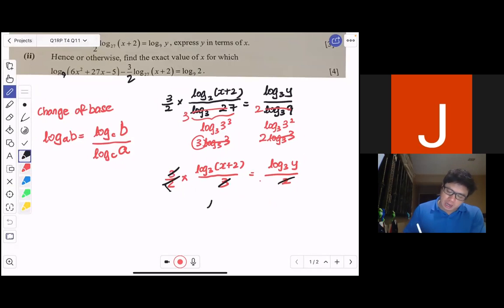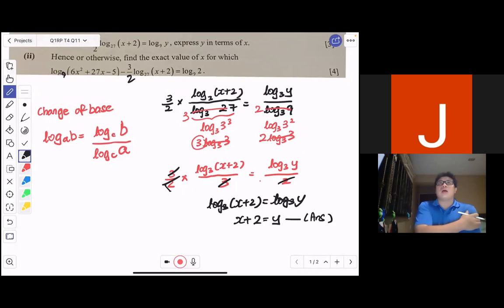You see that I have log base 3 of (x plus 2) equals log base 3 of y. What does this give me? It just gives me x plus 2 equals y, because I just compare both the terms. If I cancel the log, I have x plus 2 equals y, and with that, I'm done. This is already the answer.